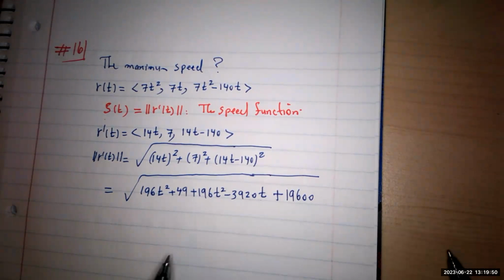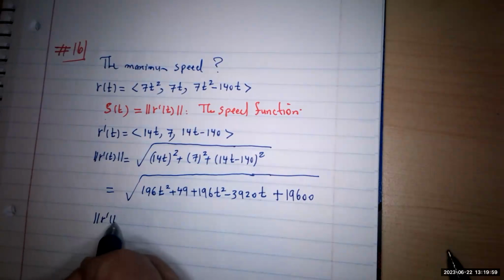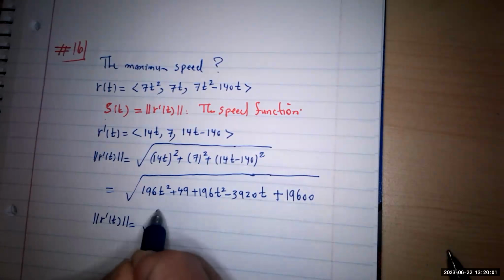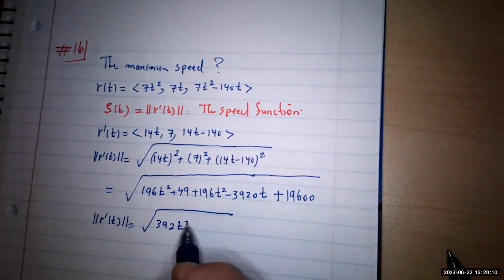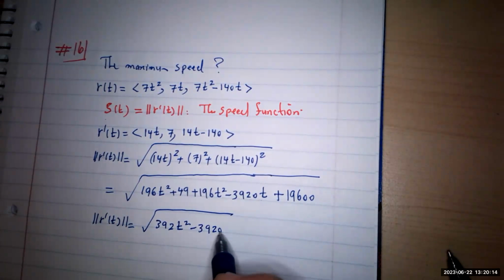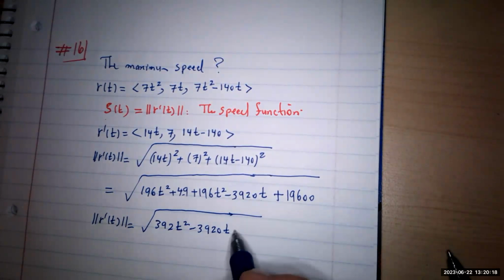Combine the like terms. You simplify these two together and you simplify these two numbers. If you add these two together, you get 392t squared. Then we get 3,920t, and the constant term 49 plus 196 hundred.